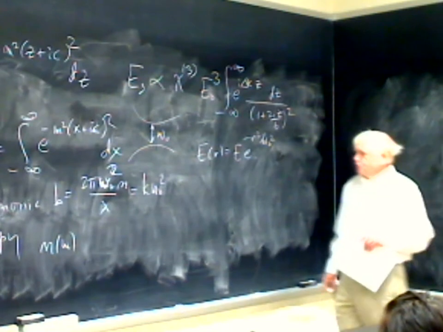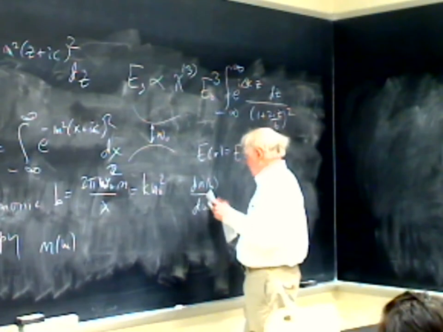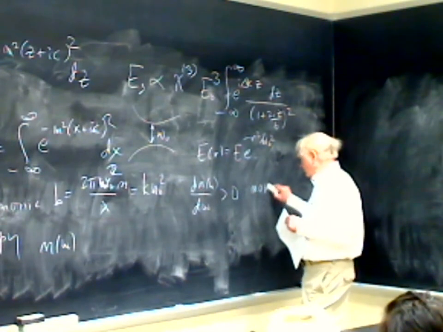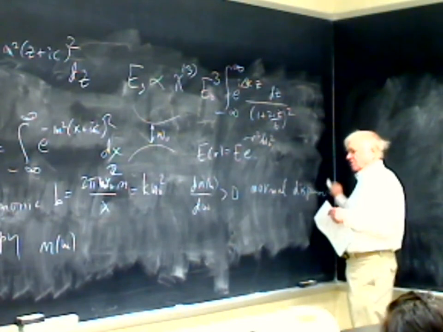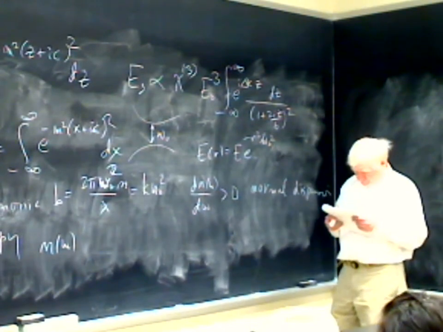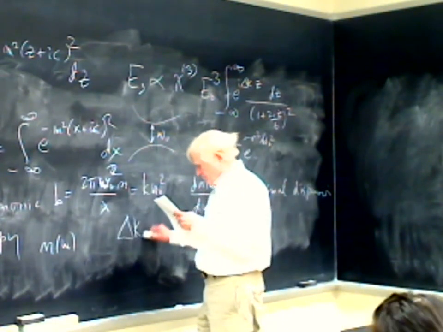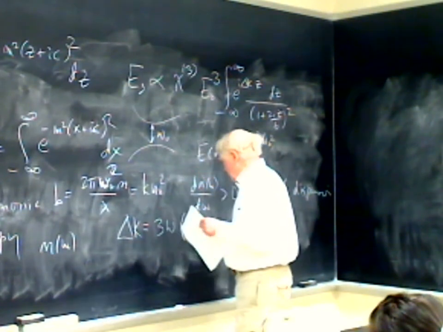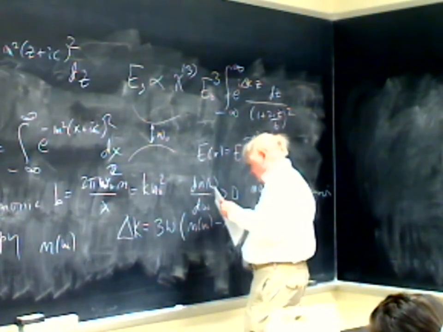Now, normal dispersion is when you have dn of omega over d omega greater than 0. Dispersion means having dn d omega non-zero, and normal is when it's positive. Then the shift in the wave vector, dk, turns out to be 3 omega times n of omega minus n of 3 omega, over c.